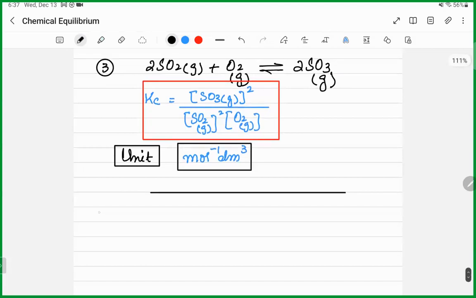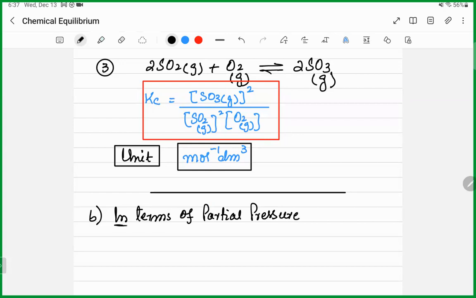ठीक है? अच्छा, अब बात करते हैं सेकंड की. Equilibrium constant, B part, in terms of pressure. Basically, this is called partial pressure. And this is represented by Kp.